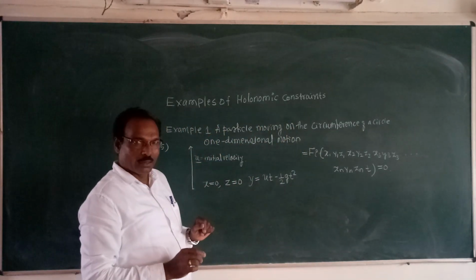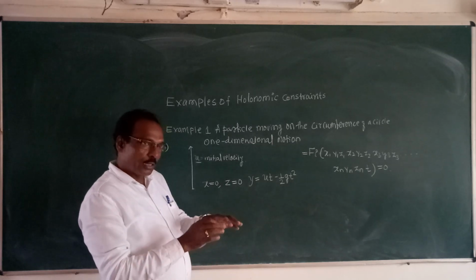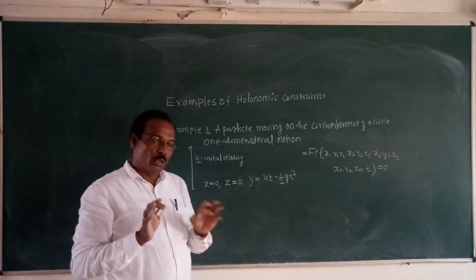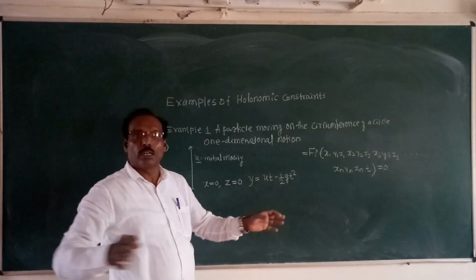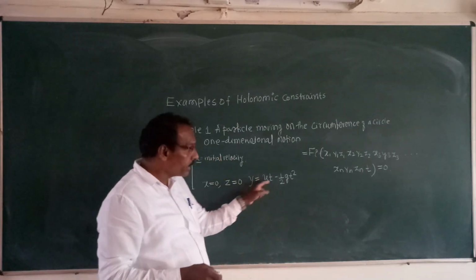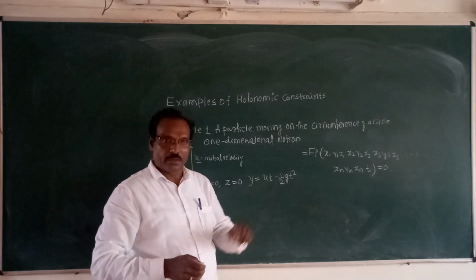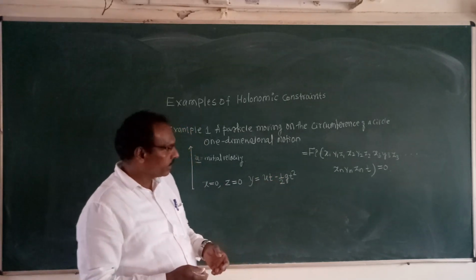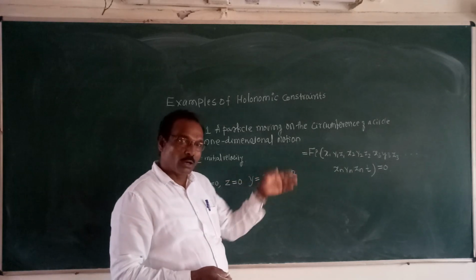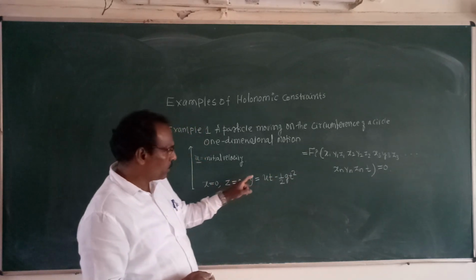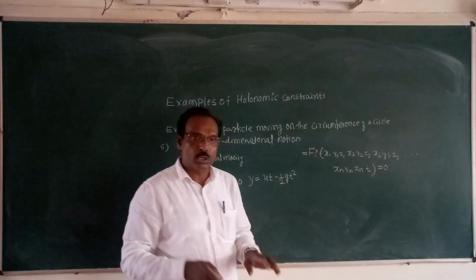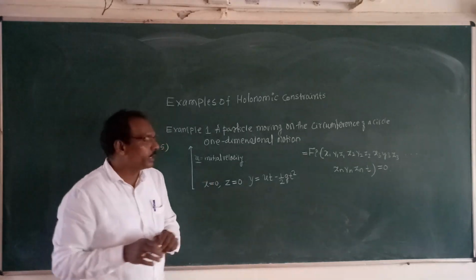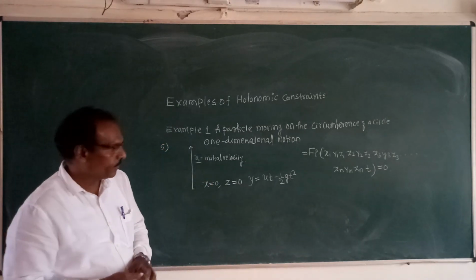In the earlier example of a rigid body, t doesn't come into the picture because the distance between any two particles is always constant. Here in this example, t is varying, but the motion along a straight line is its constraint, one-dimensional. We have written the equation, and this is a good example to understand what a constraint is and what holonomic constraints are.